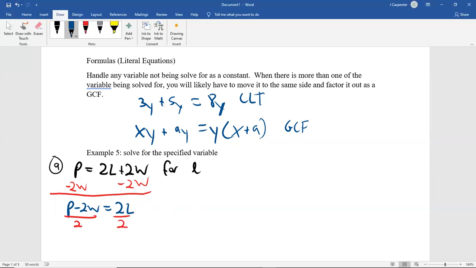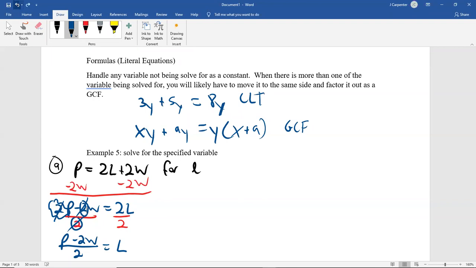So what we get is P minus 2W over 2 is equal to L. You see these 2's cancel on the right-hand side, but these 2's do not cancel because we would need another 2 here. We would need another 2 to be able to cancel all of them.